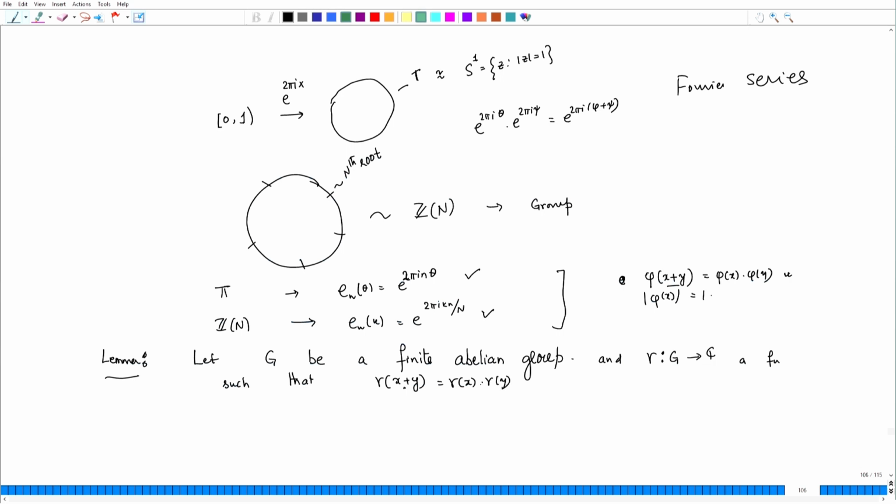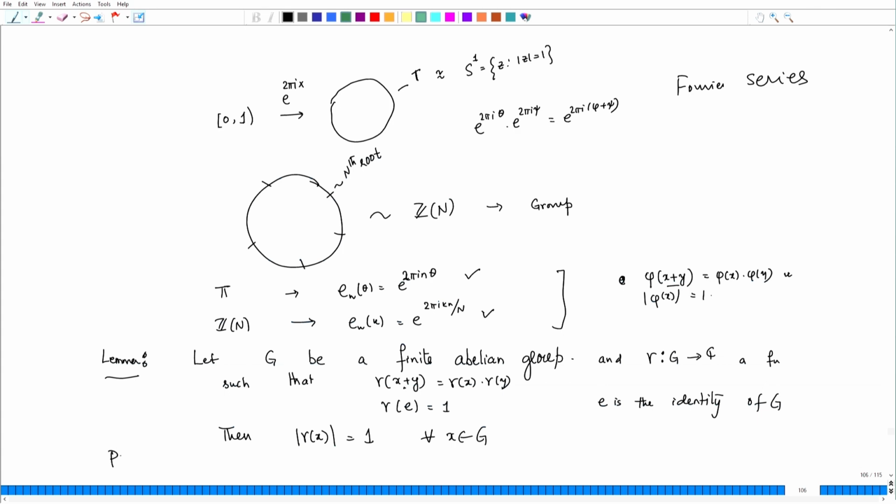These two are complex numbers. And gamma of E, where E is the identity of G, equals 1. Then the modulus of gamma of x automatically goes to the unit circle for all x belonging to G.